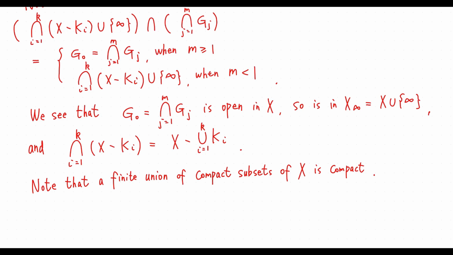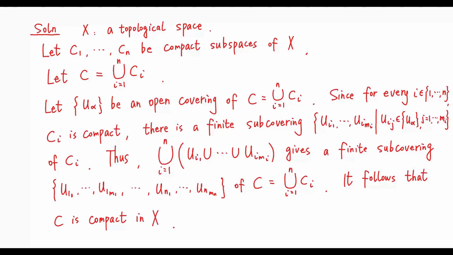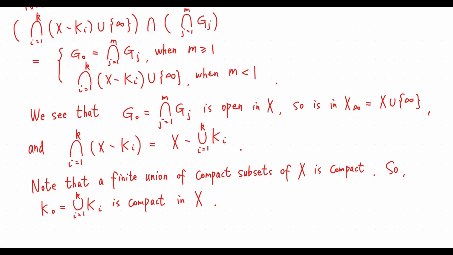Note that a finite union of compact subsets of the space X is compact. So K0 given by this union is compact.